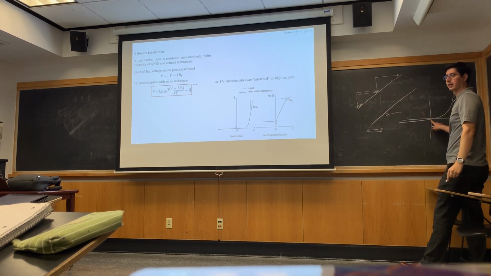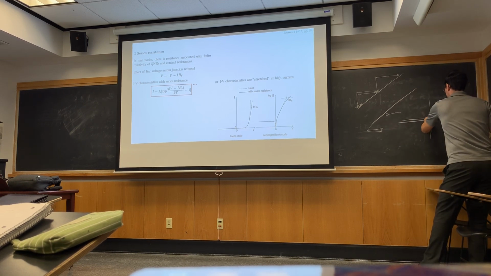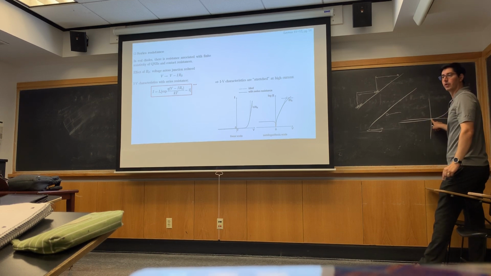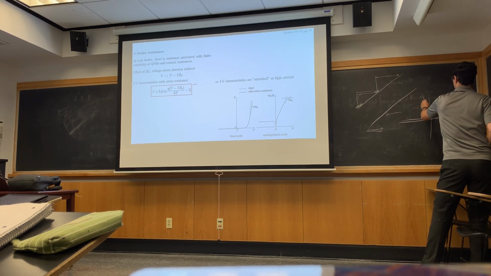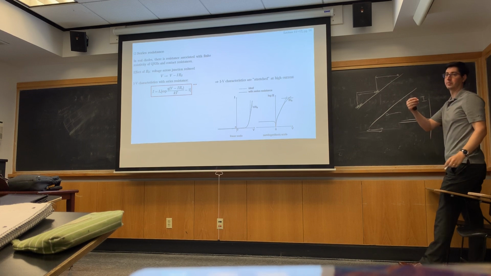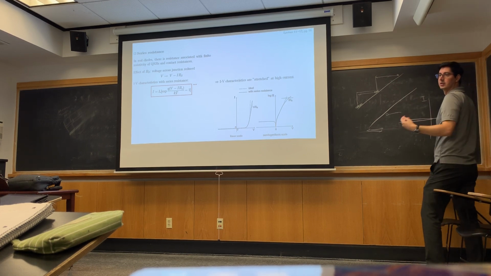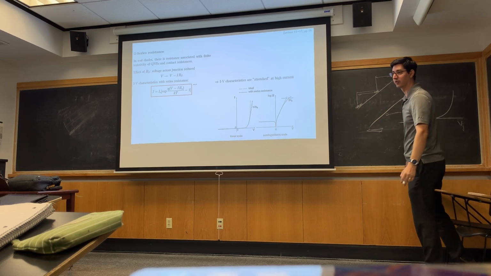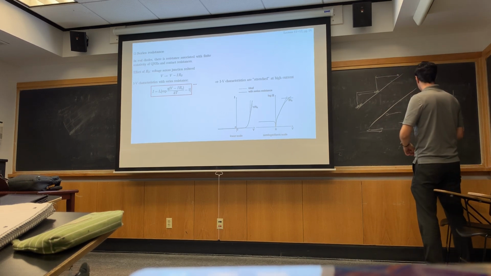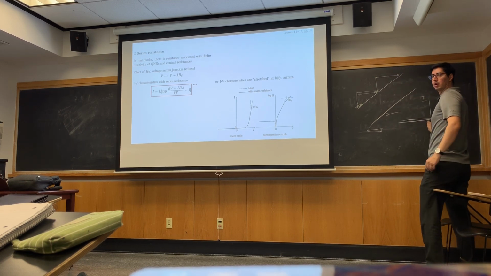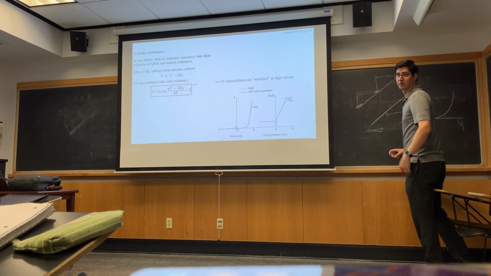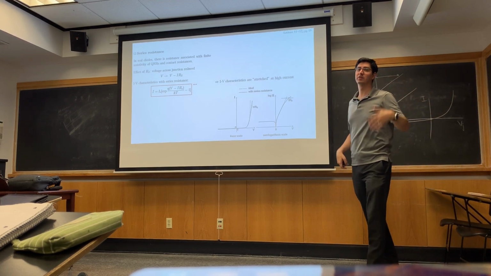Well, the slope here, so this is supposed to cross 0, but the slope near voltage equals 0, I should be very explicit, this is my V exactly across my junction, assuming no voltage drop across my quasi-neutral regions. My slope here is very shallow, and that corresponds to a large resistance.